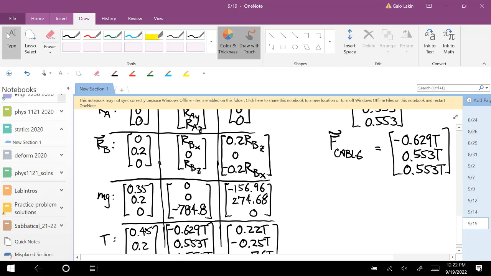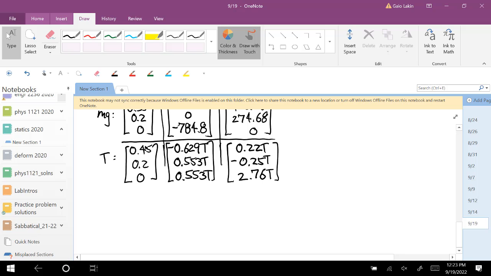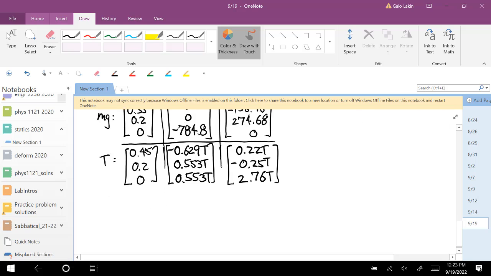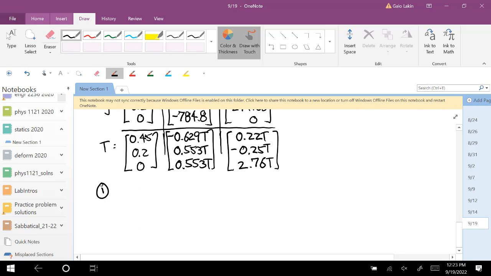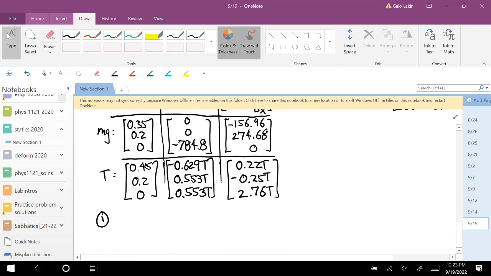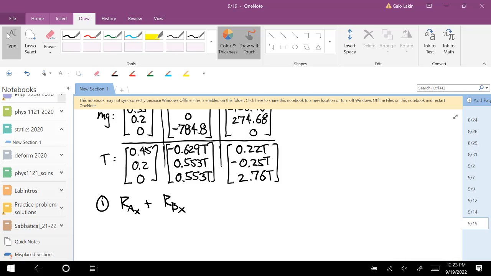All right. Table's ready. So now plug it into Newton's laws. So I'm going to first use Newton's second law. It says RAX plus RBX minus 0.629T is equal to 0. That's the X component.